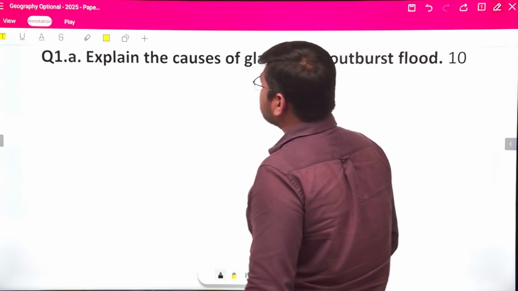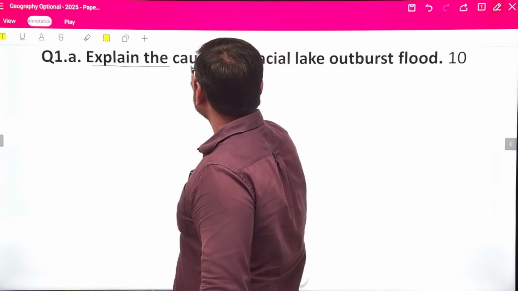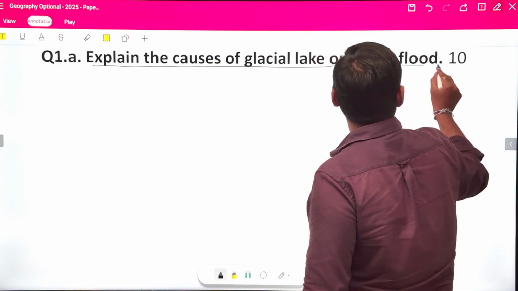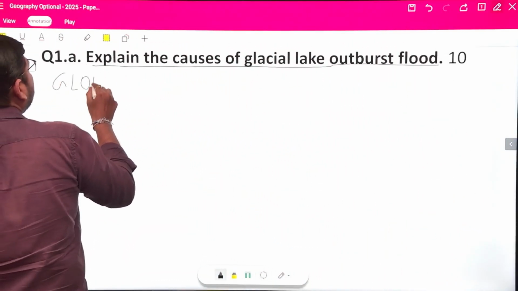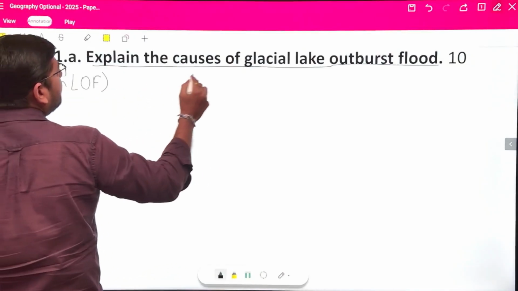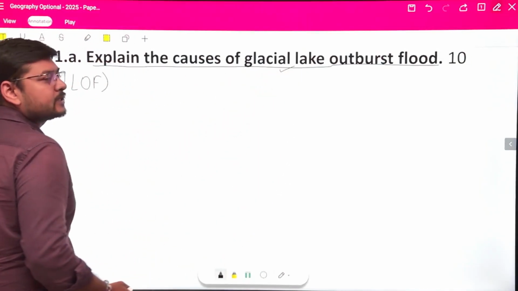First question here we have: explain the causes and consequences of glacial lake outburst flood. This is a GLOF event, which we also call the glacial lake outburst flood.